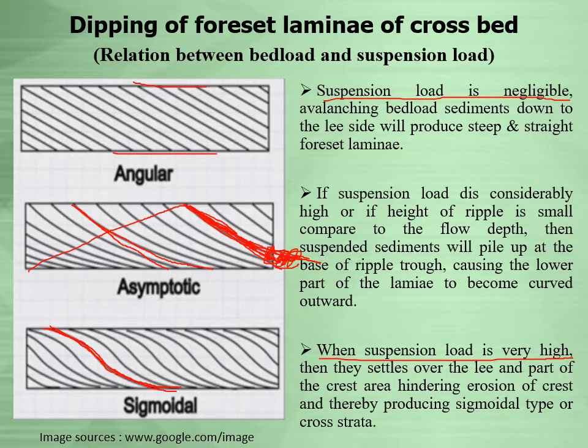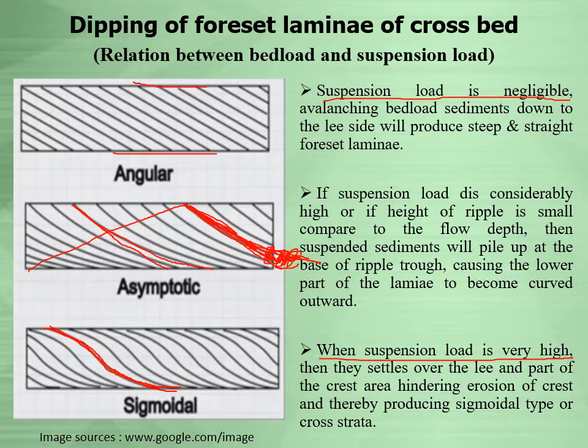So you can see that depending upon the amount of suspended material deposited during migration of ripple or crossbed, the inclination of cross strata, the inclination of cross laminations, will change with the amount of suspended materials. When suspended material is negligible, then the cross strata are angular.